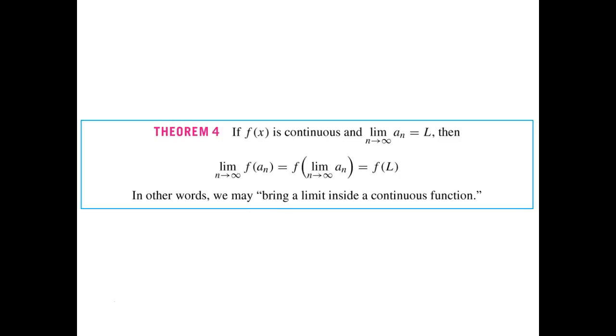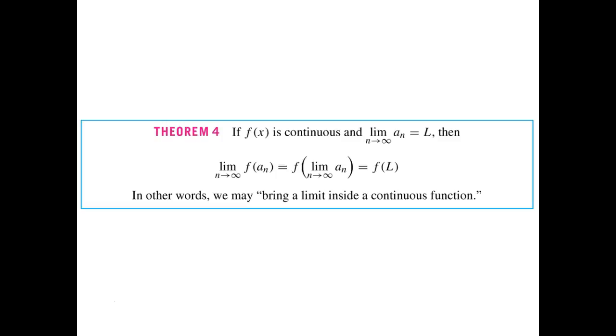If f of x is a continuous function, just any old continuous function, it doesn't have to be smooth, just continuous. And the limit, as n goes to infinity, of a sub n is equal to some fixed value, L. It's not infinite. It's not increasing without bound.